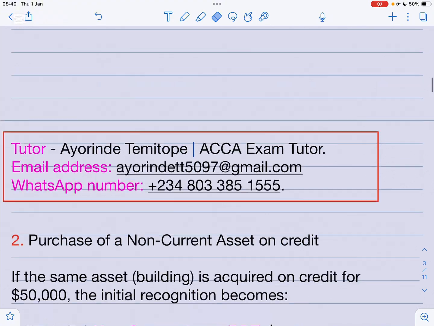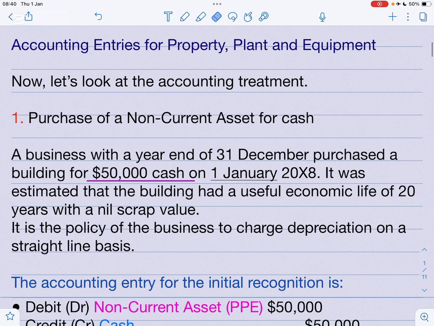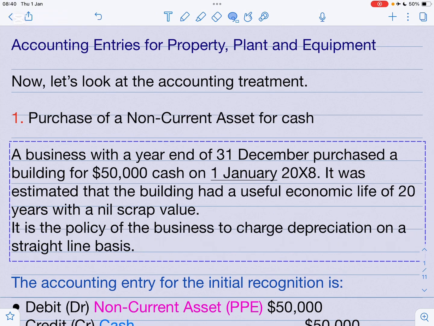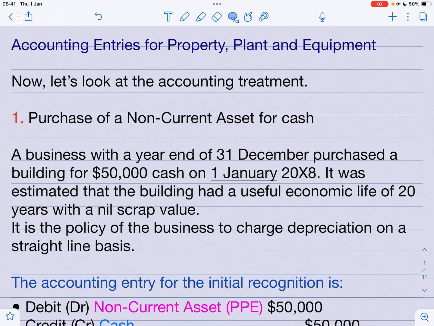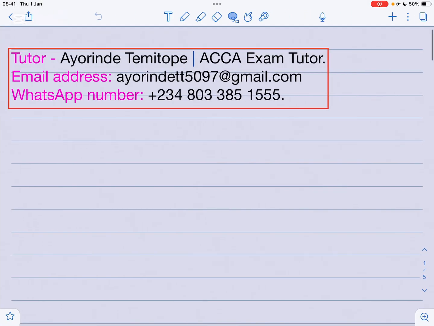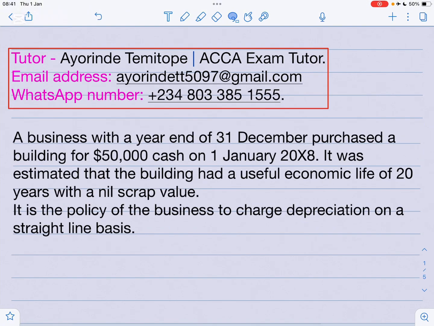Okay, now a quick one. I'm sure you still remember this question. I'm going to be solving this question with us in the next recording. Then I will put it here, and then we are going to be looking at how to solve this question.